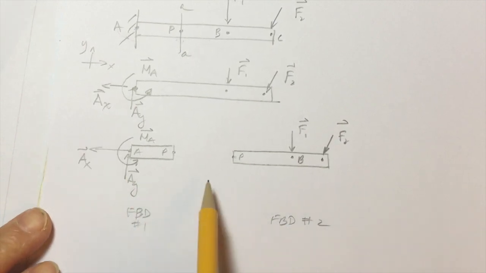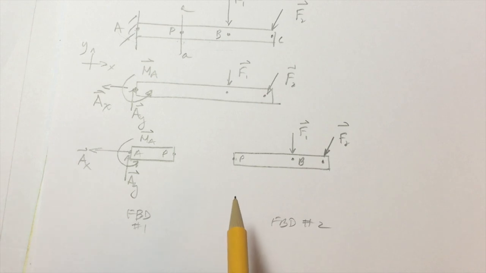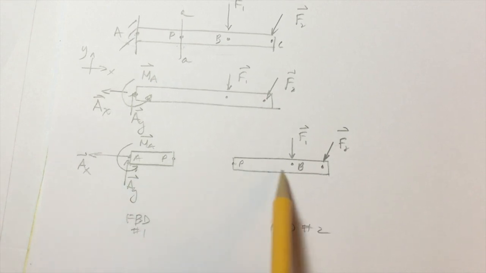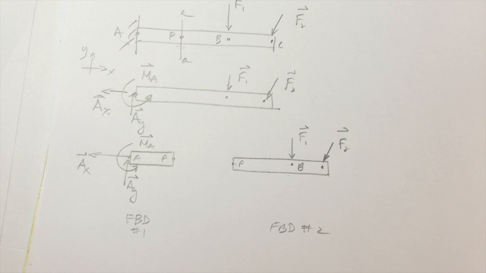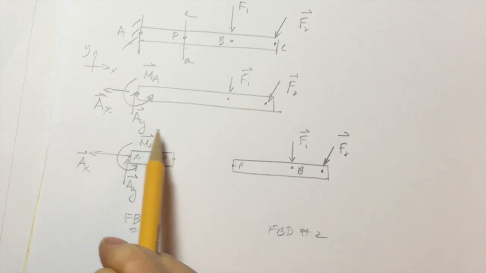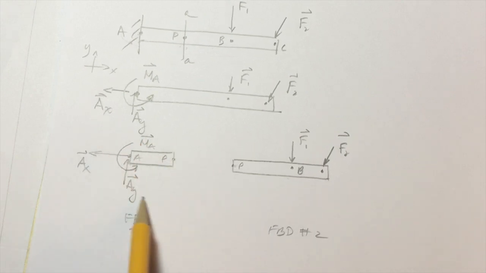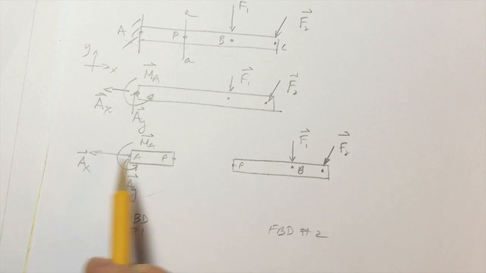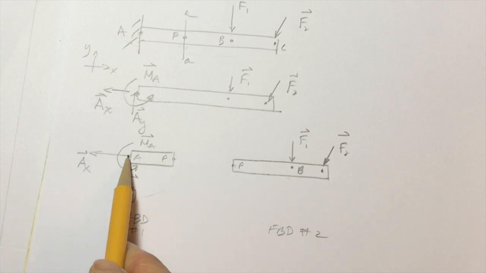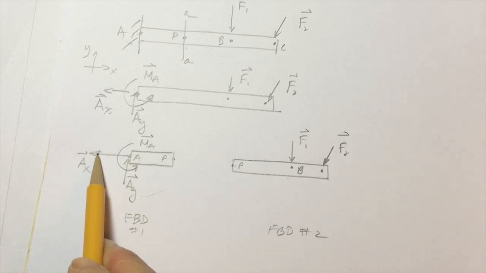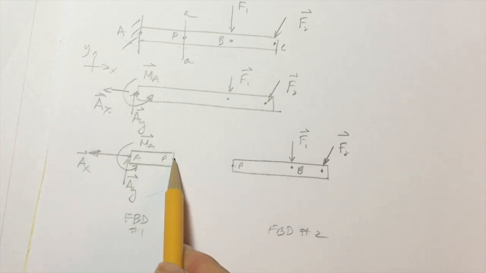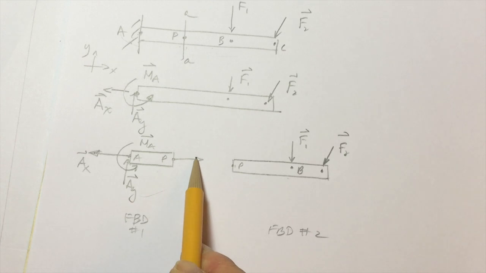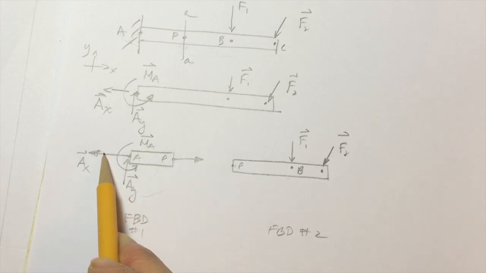Since these are free body diagrams and I'm making an assumption that these members are in equilibrium, then if I were to apply the equations of equilibrium on this portion of this beam, the equations of equilibrium must be satisfied. Well, if that's the case, then if I have AX going that way, then I must have another force going to the right to balance that.